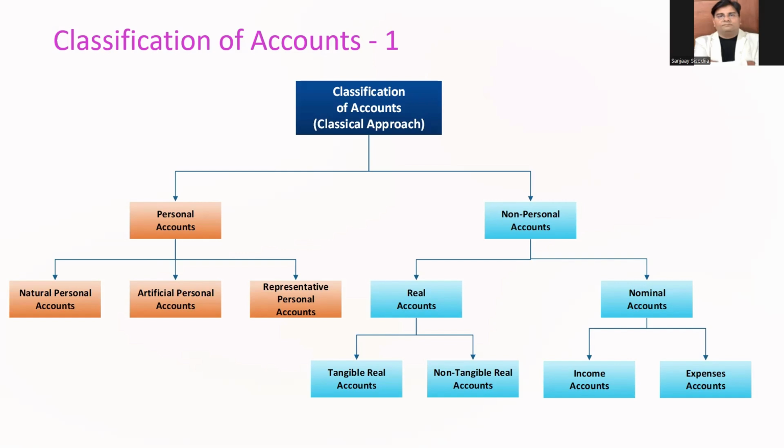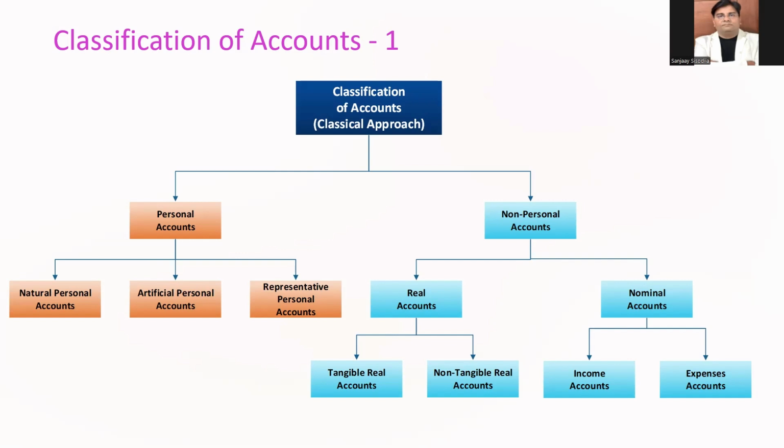When we come to the second category of accounts, that is non-personal accounts, the non-personal accounts are further classified into two categories, that is real accounts and nominal accounts. Real accounts are further classified as tangible real accounts, which are prepared to track the tangible assets, and non-tangible real accounts, which are prepared to track the non-tangible assets.